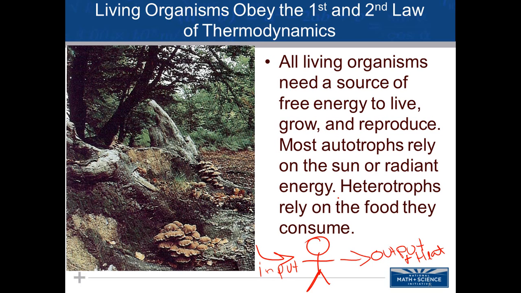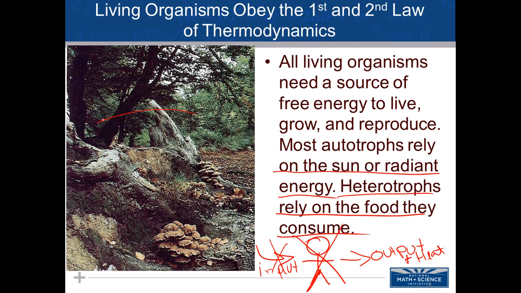And you know that as a heterotroph, we get our energy from the food that we consume. But what about something like an autotroph, a plant? We've already mentioned that that's going to come from light energy. When you die, you're no longer going to consume food. So if there's no energy input to keep you organized, then entropy is going to take over.